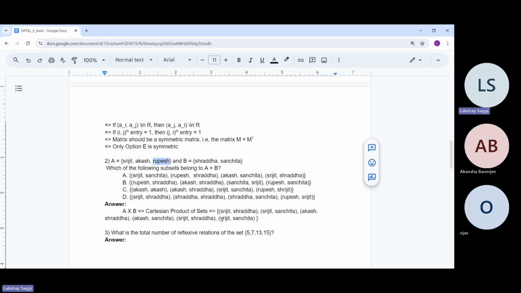So Rupesh, Shraddha, Rupesh, Sanchita. So this will be the set A cross B.